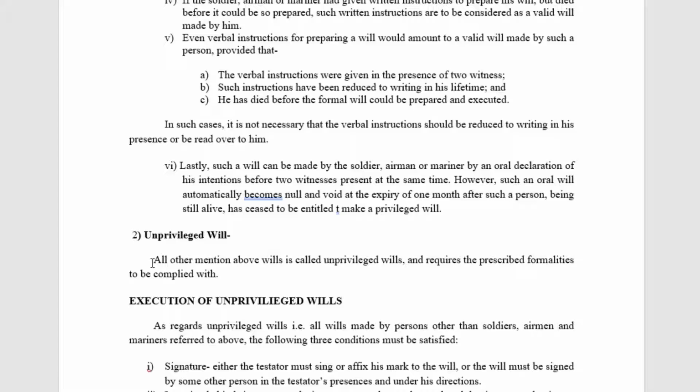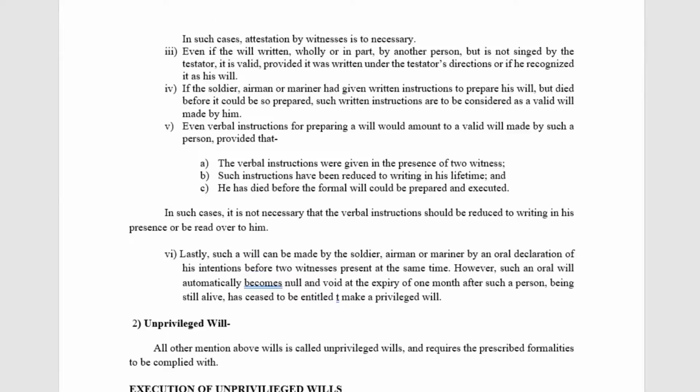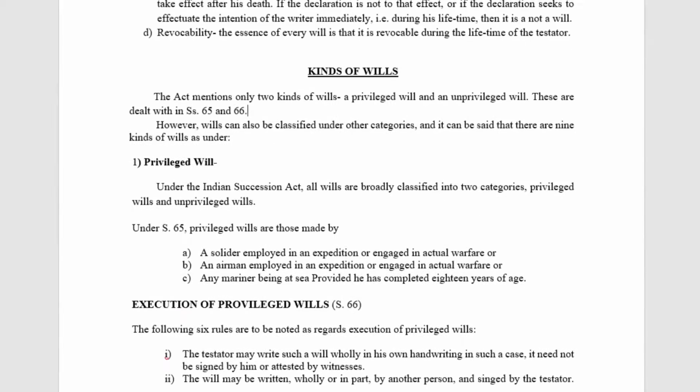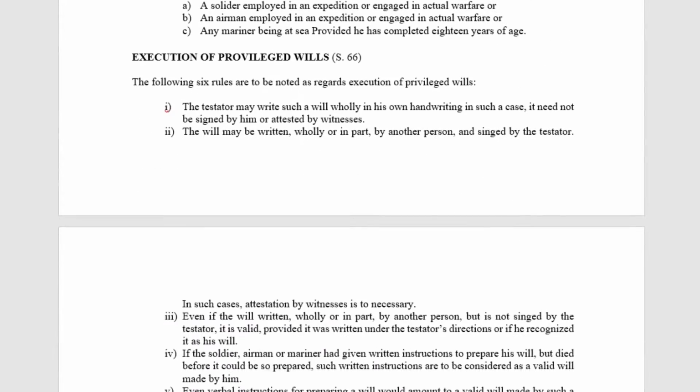With regard to section 65 and section 66, we can see the privileged will. We have already seen who can make the privileged will and when. Let us see how this privileged will can be executed.